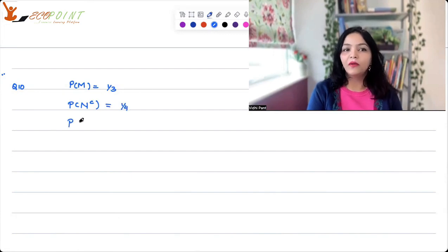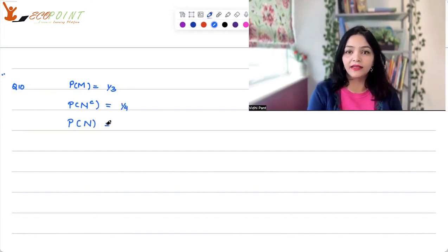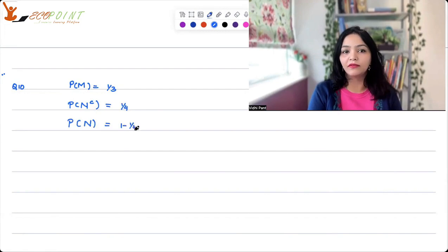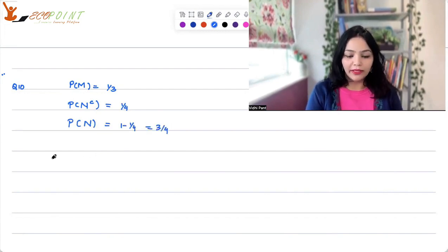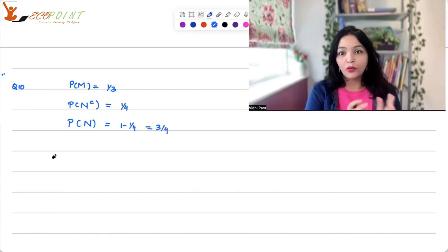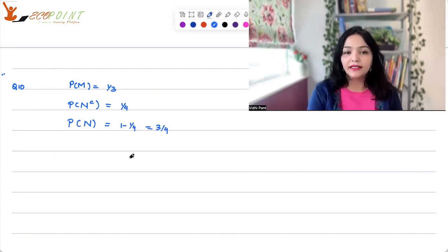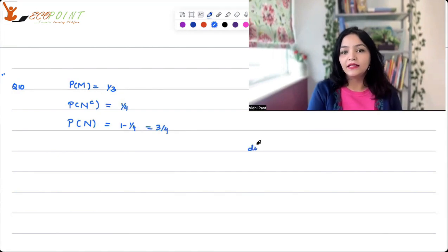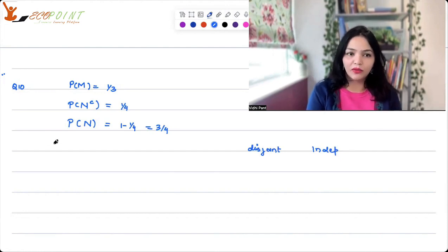If the probability of N complement is 1 by 4, that means the probability of N has to be 1 minus 1 by 4, that is 3 by 4, right? Now we want to figure out which of the options is necessarily correct. And I can see in the options we are provided with disjoint and independence. So let's start with disjoint.